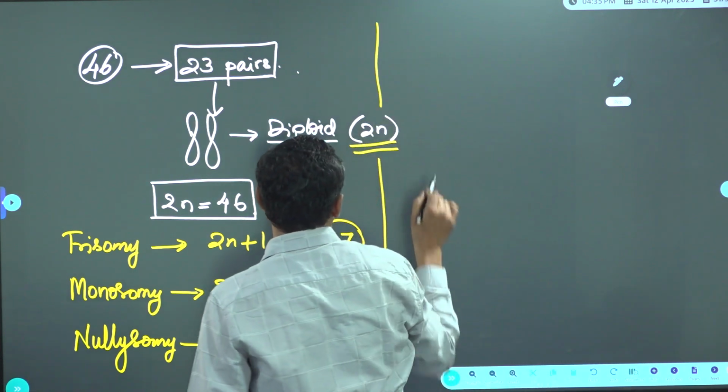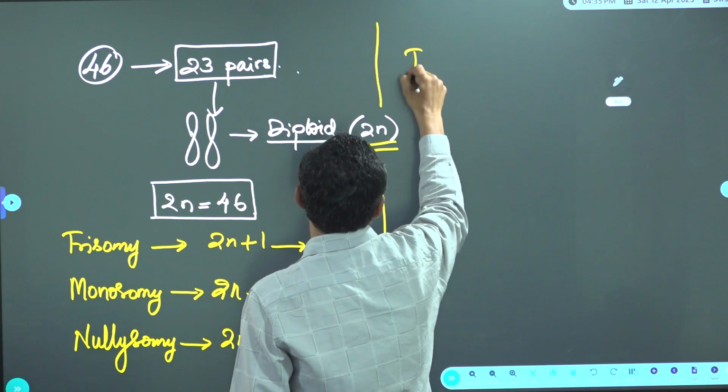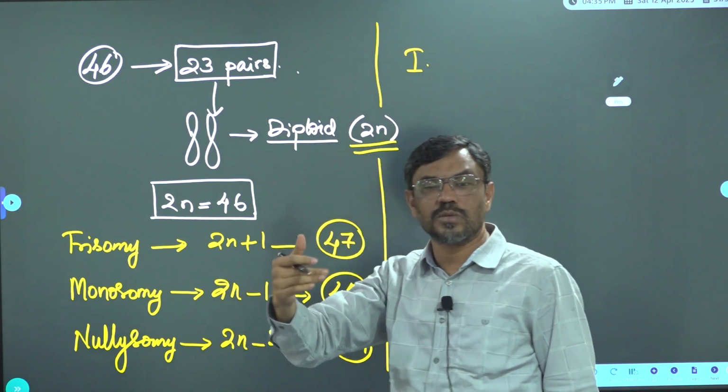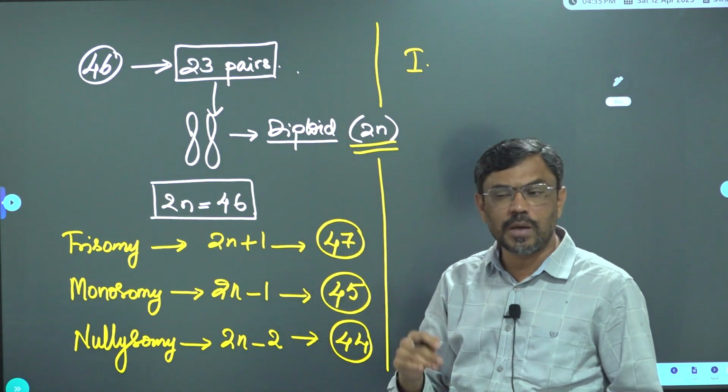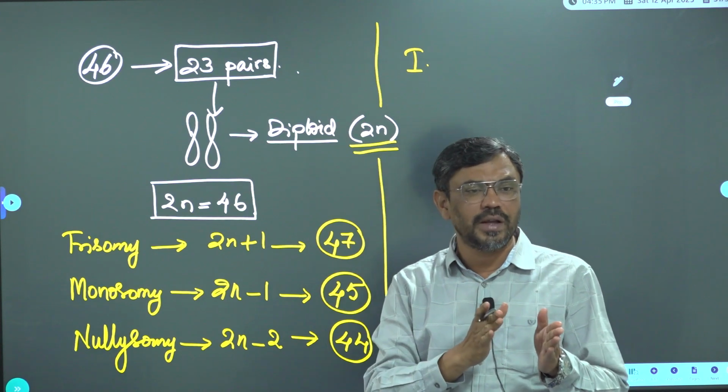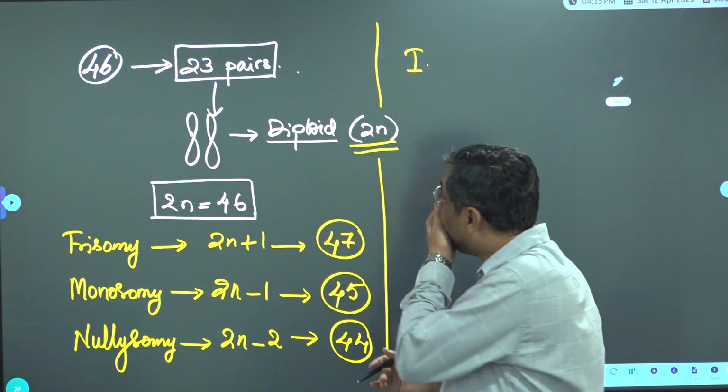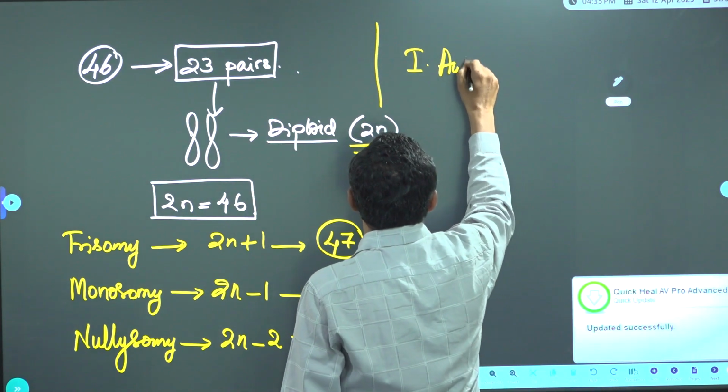Alright. Let us see. Actually, I told you the chromosomes are of two types, autosomes and allosomes. So, the abnormalities may be autosomal abnormalities and allosomal abnormalities. Let us see autosomal abnormalities.